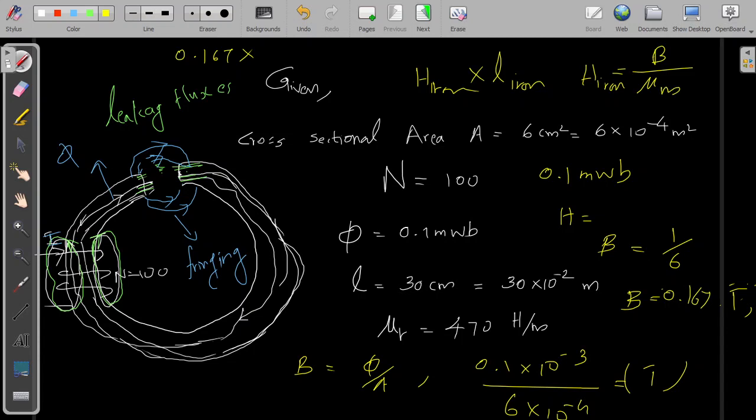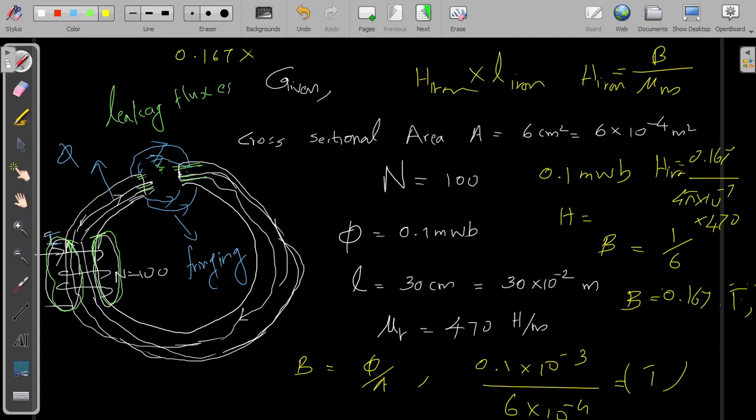That means H iron will be 0.167 divided by mu 0 mu r, that is 4 pi into 10 power minus 7 into mu r, the relative permeability of the iron, which is given as 470. So you will get H iron.